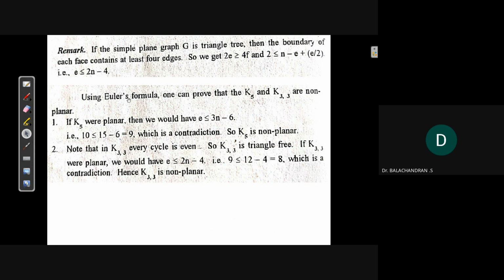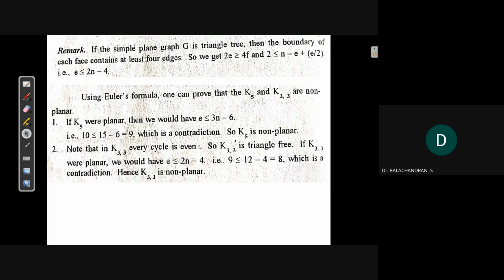Now next, using Euler's formula, one can prove that K5 and K3,3 are non-planar. You can use this Euler formula proof if they ask a 2 mark question.